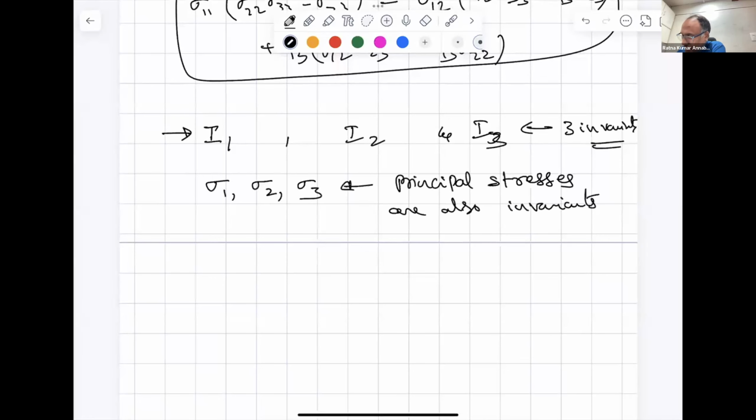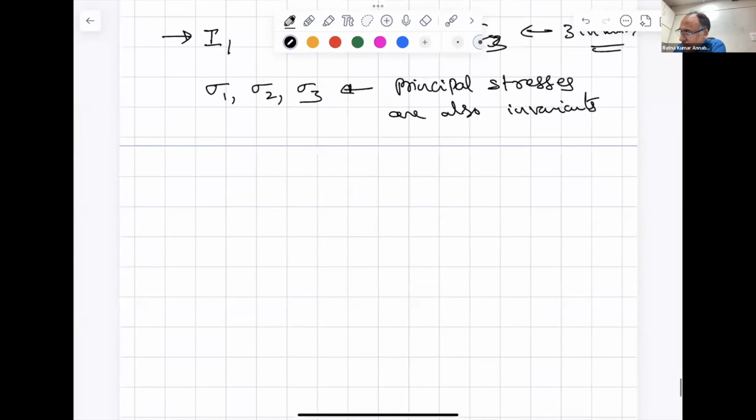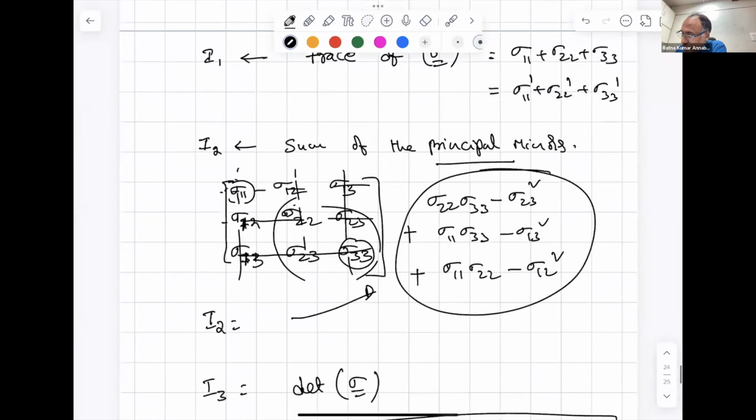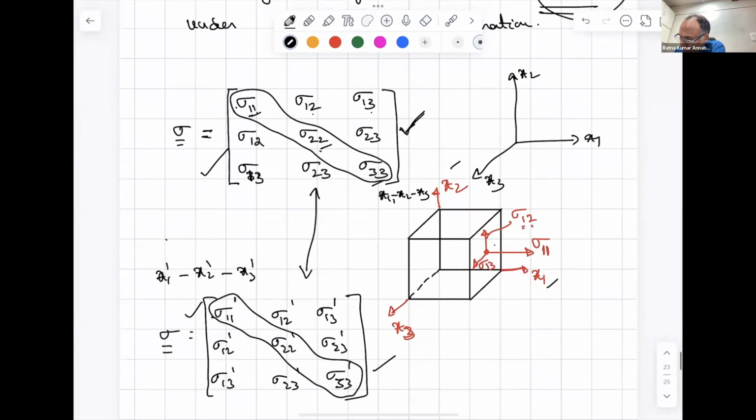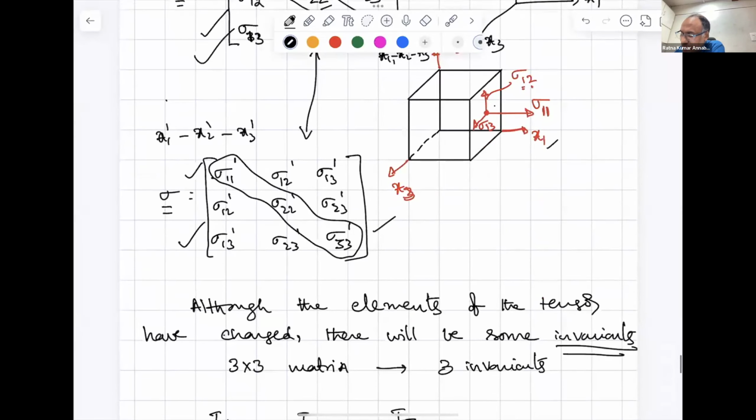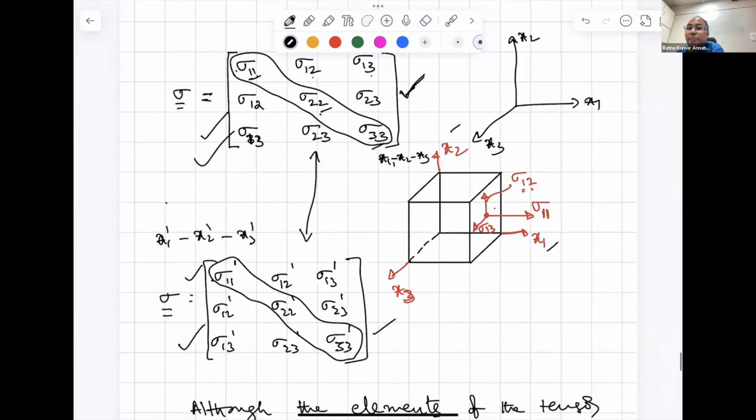What is the meaning of that? Meaning whether you take this matrix or this matrix, you find the eigenvalues of this matrix and this matrix, they will remain the same. You will get the same eigenvalues. Only then is this a valid coordinate transformation.